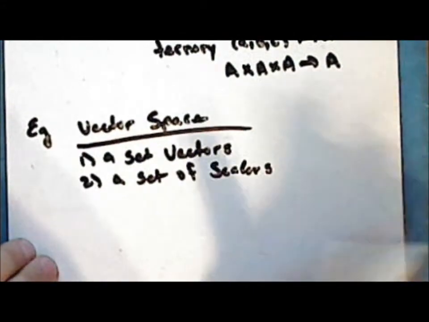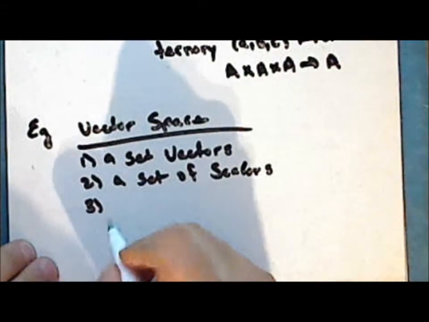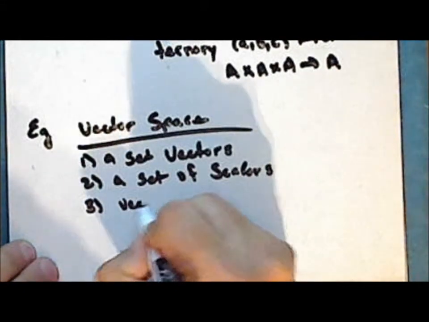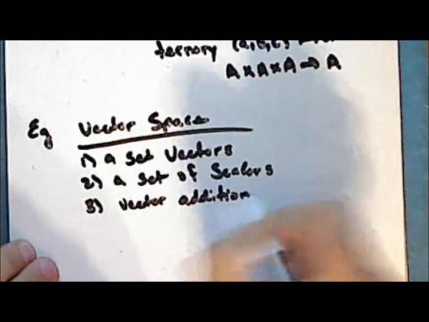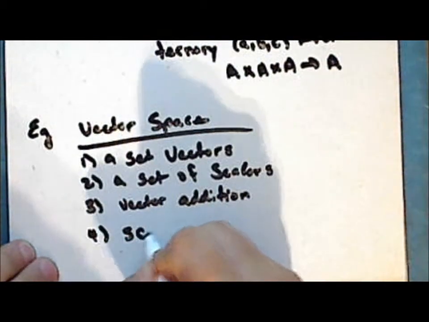And it also consists of two operations, vector addition and scalar multiplication.